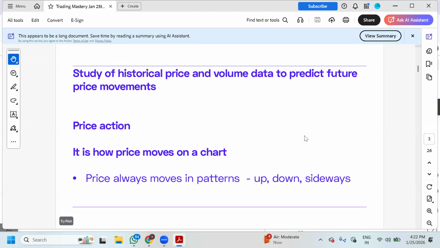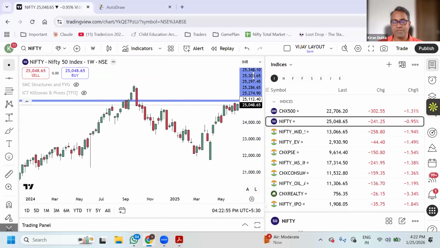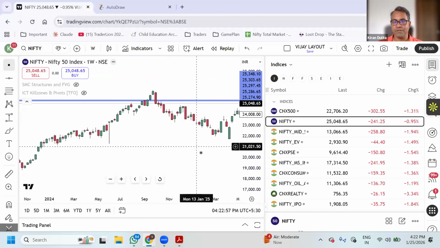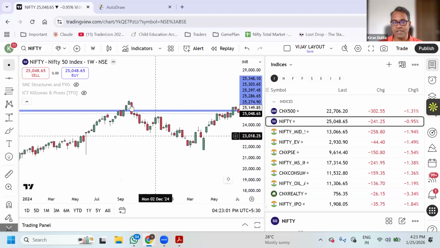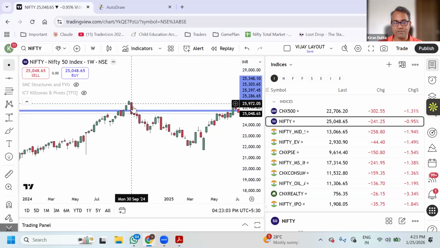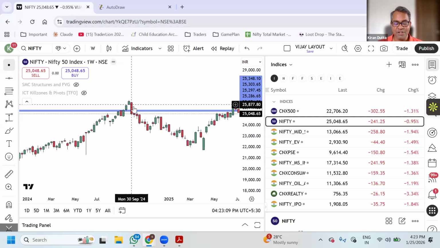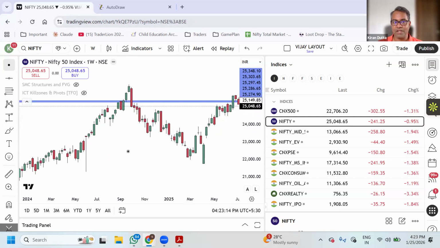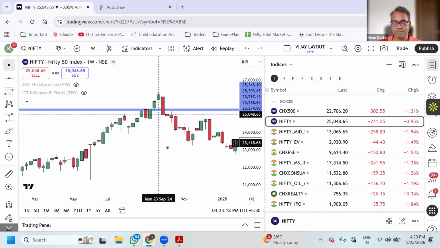Okay, Momentum, let me explain. Price action is nothing but how the particular price, how the particular stock, moves on the chart. This is the price. The price is moving, right? The price is going through some action. In simple words, the price is going through some action. Tell me what action the price is going through here.